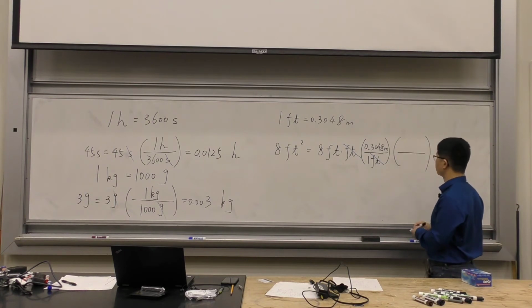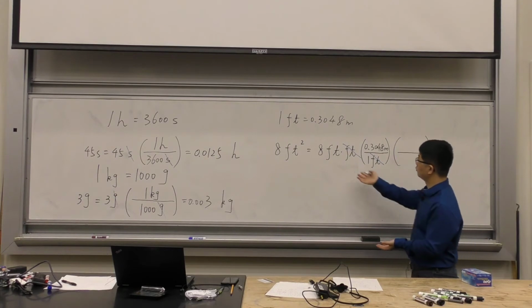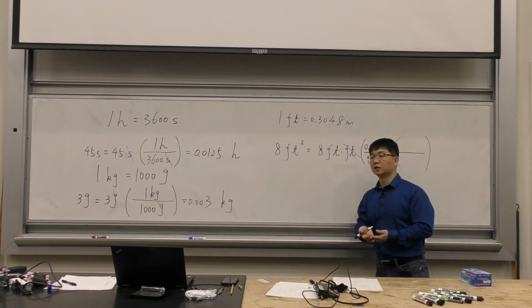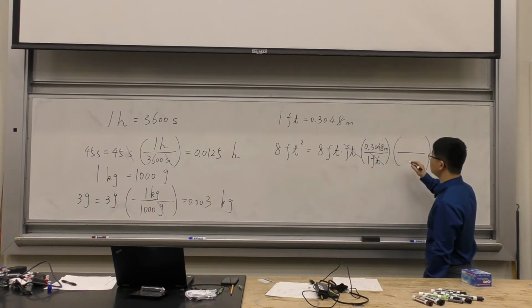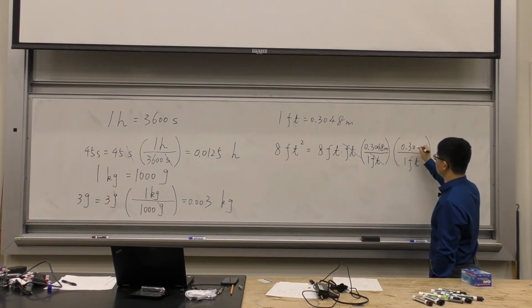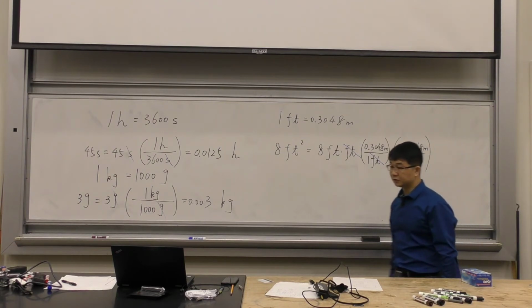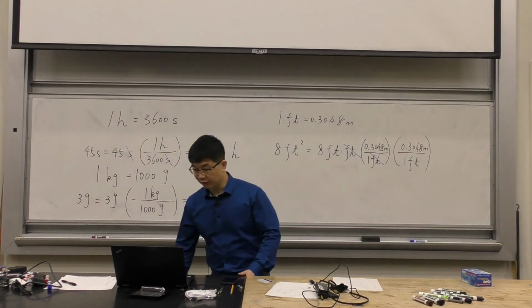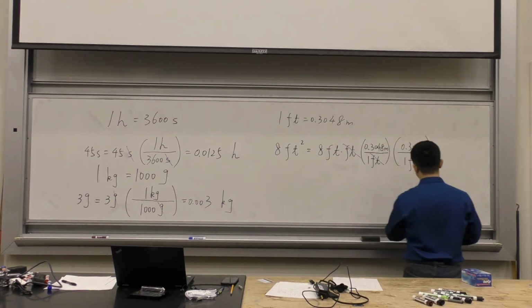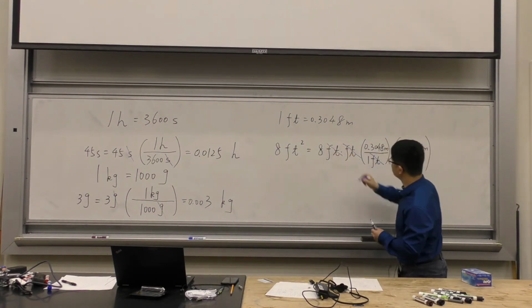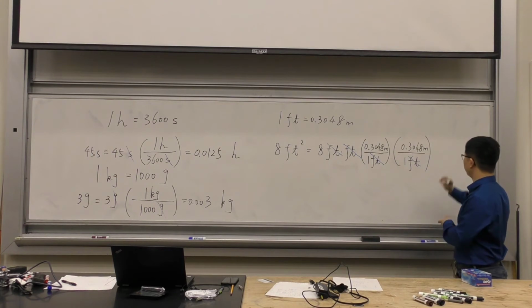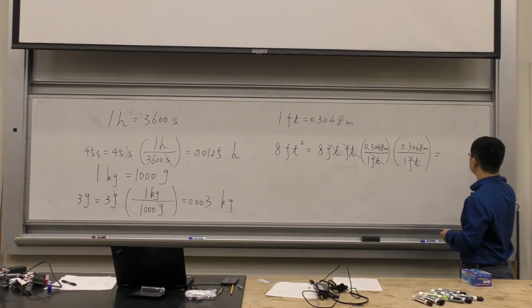And then of course, the other one is going to be the same because I'm doing the same thing, right? I have two feet multiplied together. I want to cancel both of them. So I would have 1 foot as the denominator, and then 0.3048 meters as the numerator. Now, this feet is going to cancel this feet. So now you see that at the end, I will get meter times meter, which is going to be meter squared.